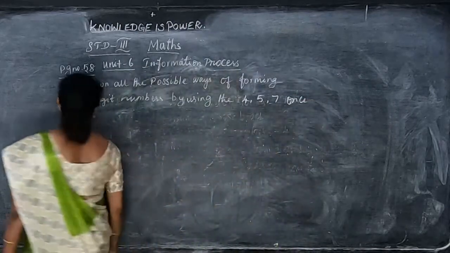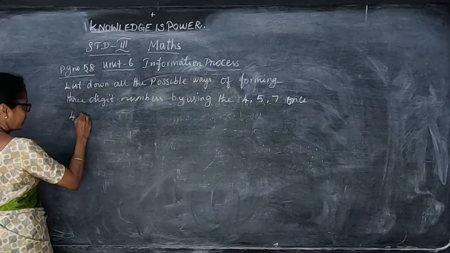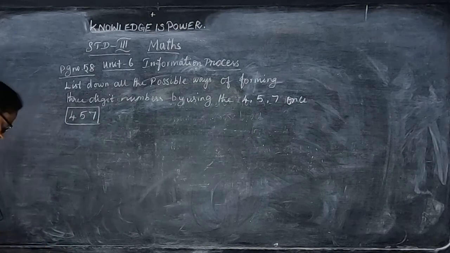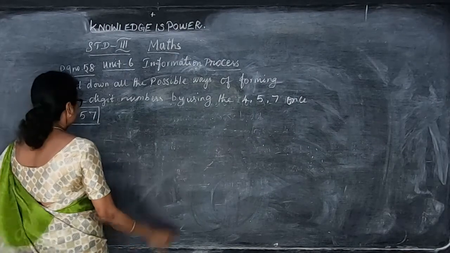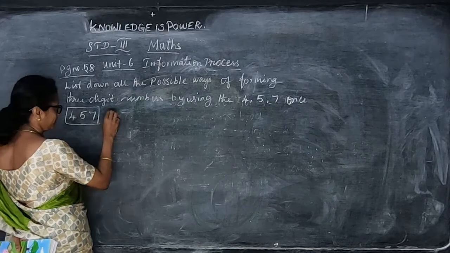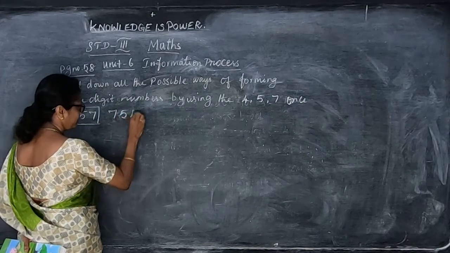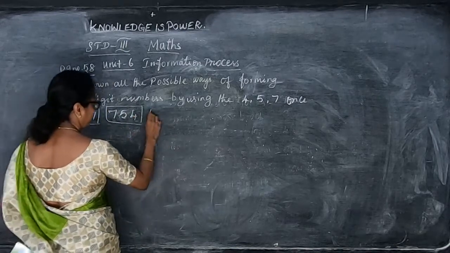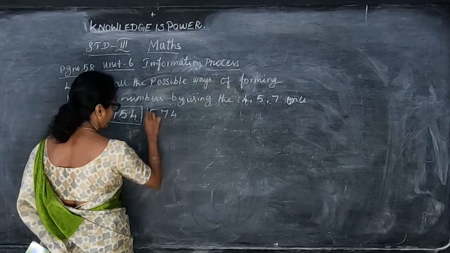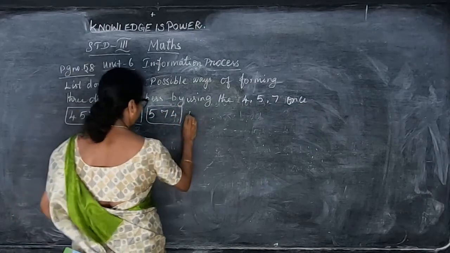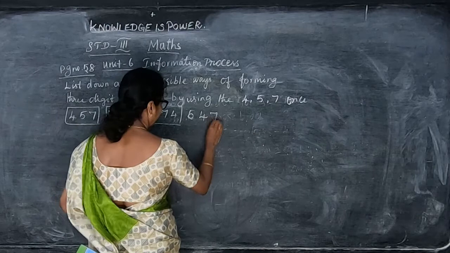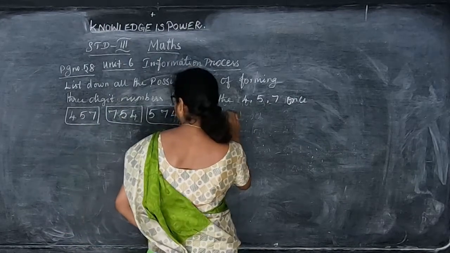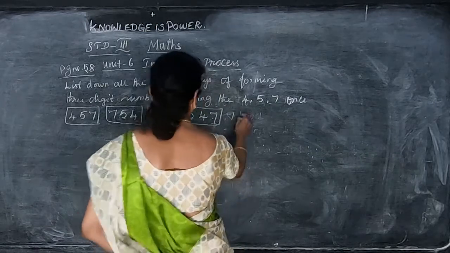So first one we can take the same number, 457, and you should not put commas while writing this number. And then again you change this number, we can write 754. Then again you can take 574. Then 547. Then we can take 745.